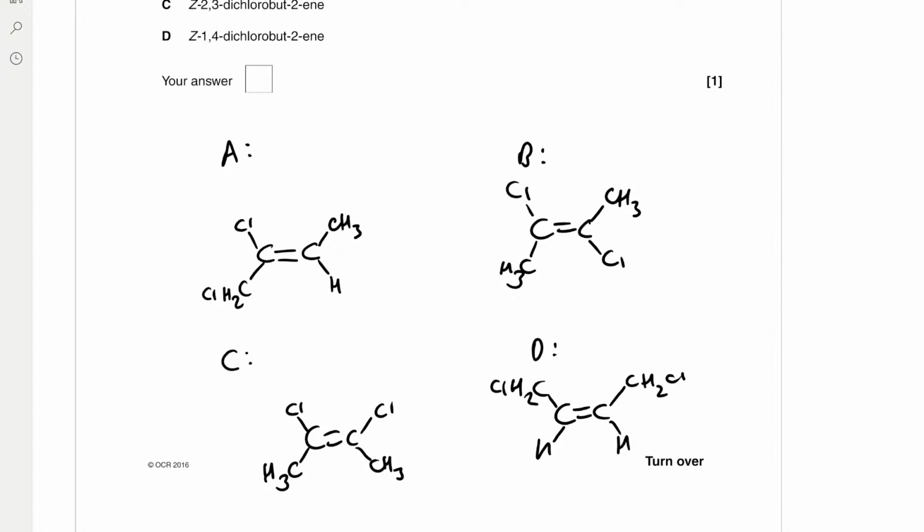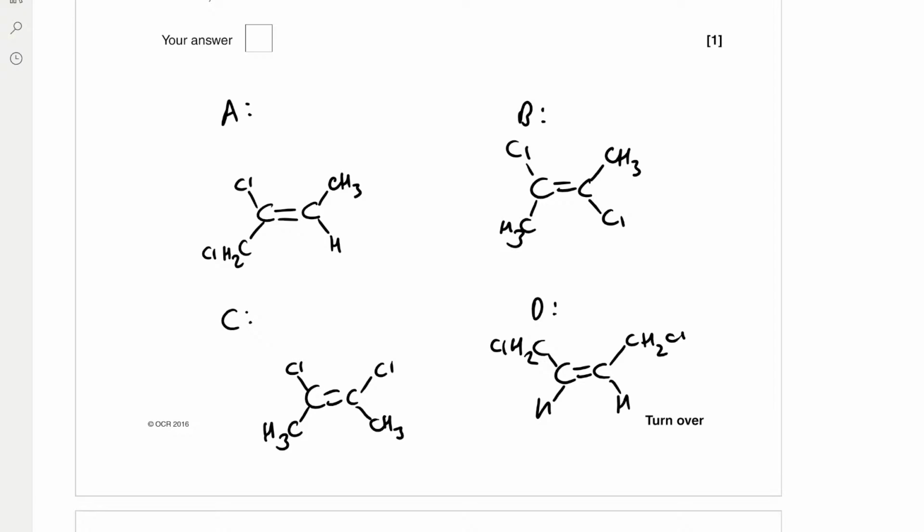Because if dipoles oppose, they cancel each other out. So these dipoles oppose. This dipole here opposes this because they're attached to the same carbon here. Then they oppose, so it can't be that one.